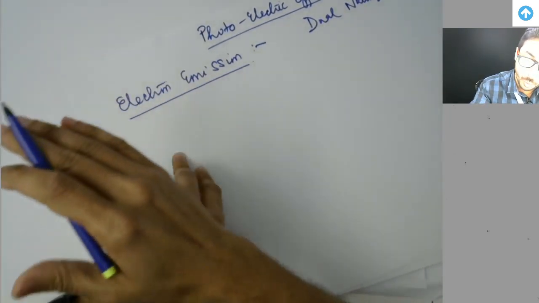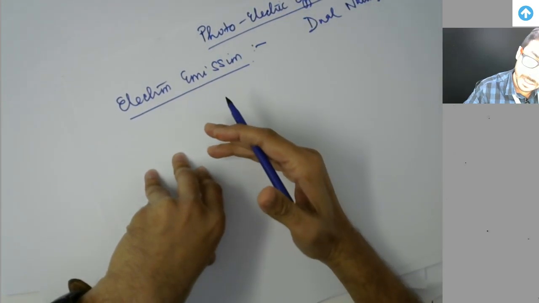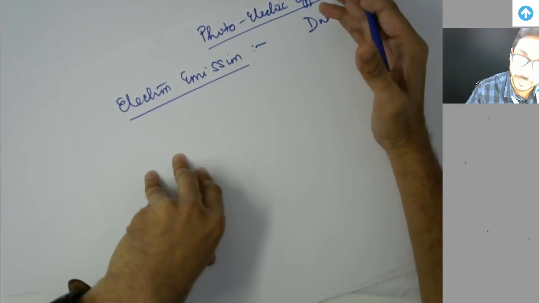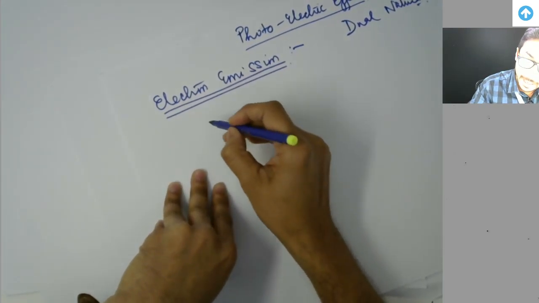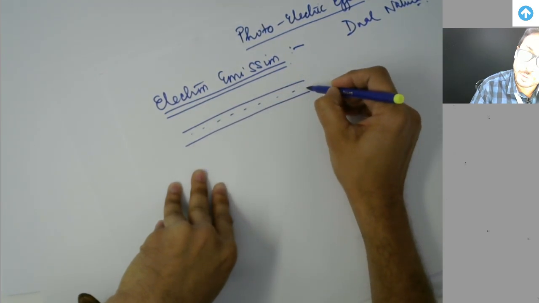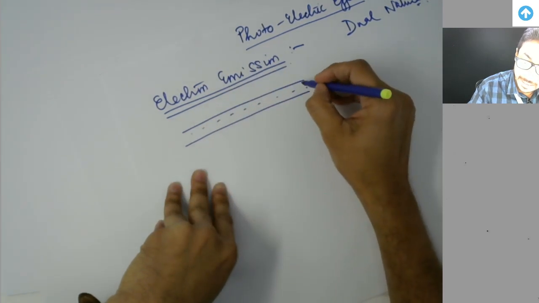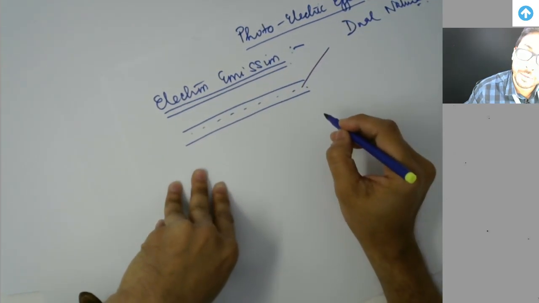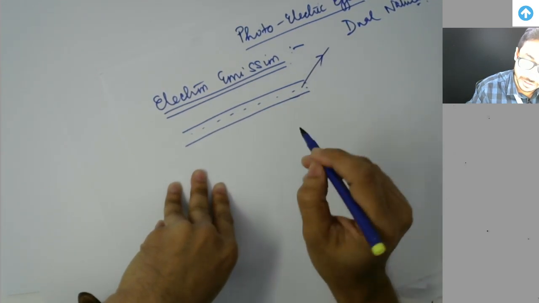So when one particle bombards another particle, the particle can shift away. In the case of electron emission, free electrons move within the boundary of the metal, but in some cases they can fly away from the metal if these electrons have sufficient energy.